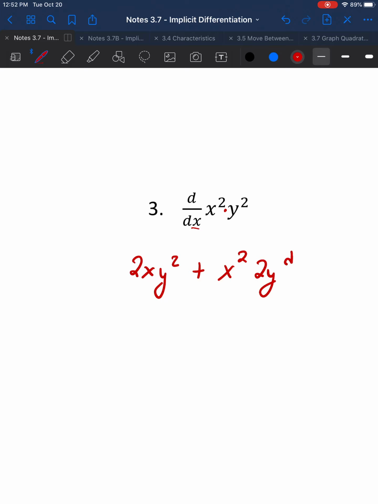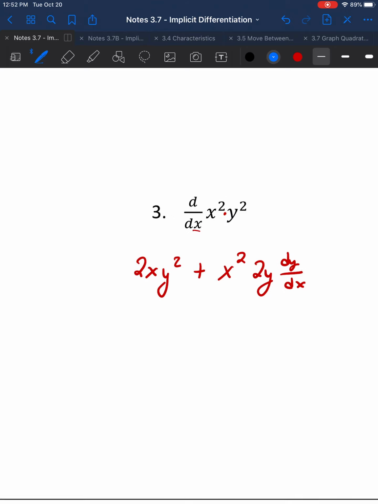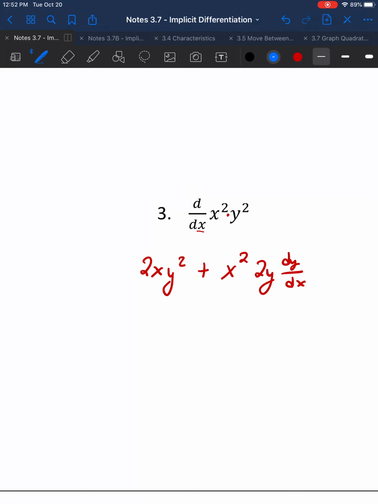Okay. The derivative with respect to x of x squared times y squared. So I have a product rule. All my derivative rules still apply. Derivative of the first, keep the second, plus keep the first, but when I go to take the derivative of the second, it's a y squared, so I would have 2y dy/dx.